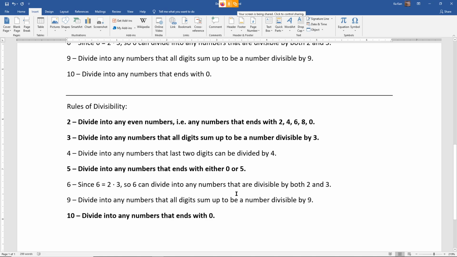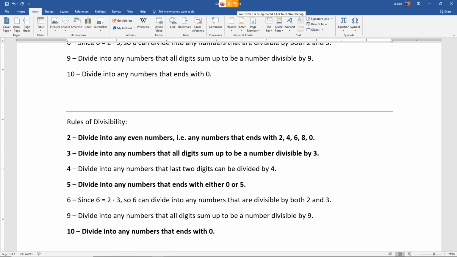The other 3, you know they're there, you can use them. But later on when you do fractions, these 4 rules are going to be helping you, because you want to start small. You don't want to be testing for the big numbers from the start. And just in case you ever want to try 7 or 11, I recommend just doing the long division or using a calculator.